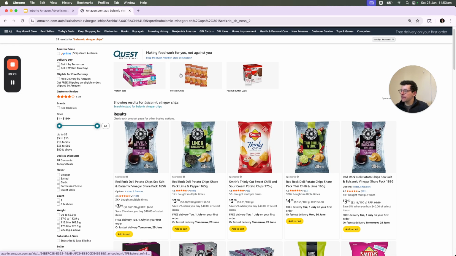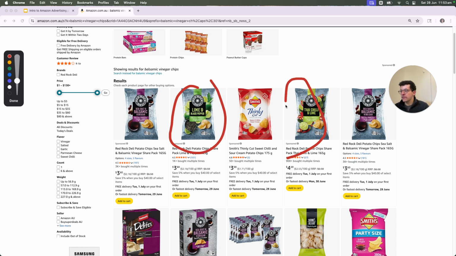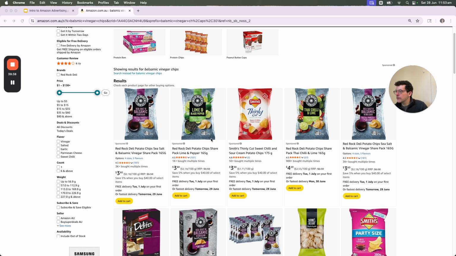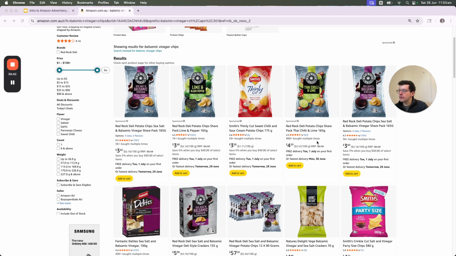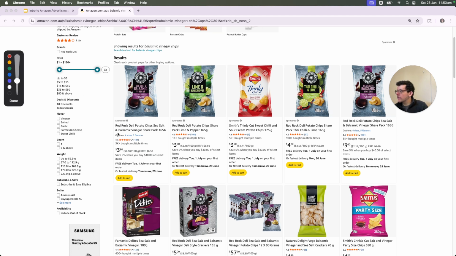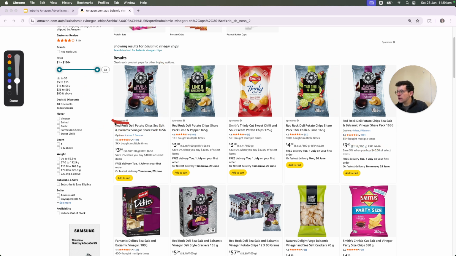If I type in balsamic vinegar chips, we've got this product here, and then this exact same ASIN. These are different. This one that says sponsored over here is an advertised placement. If I were to click on it, the brand would get charged.